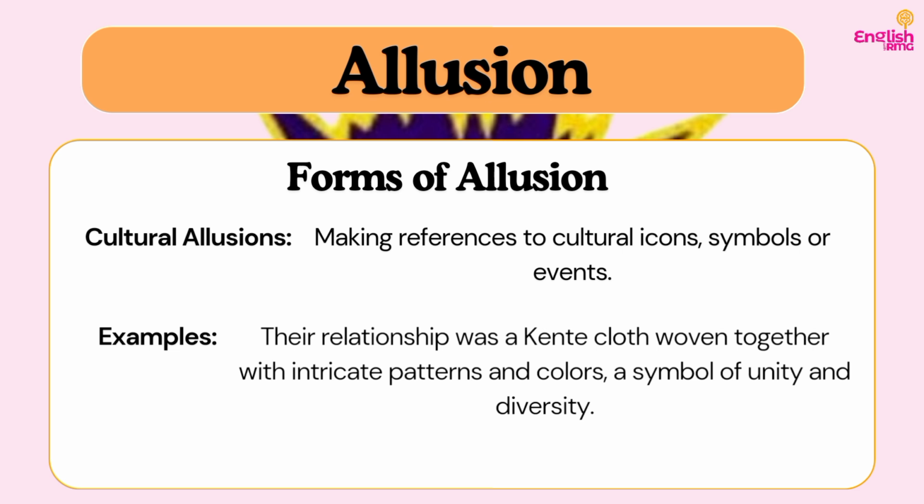Kente cloth itself is usually made of different colors: yellow, blue, green, red, to show a symbol of unity and diversity. So you can always, from different perspectives, allude to the kente cloth as well. All you need to do is make sure that your listener or reader understands that context, knows what the cloth stands for, so that they can use their prior knowledge to decipher the deeper meaning that you are trying to communicate.